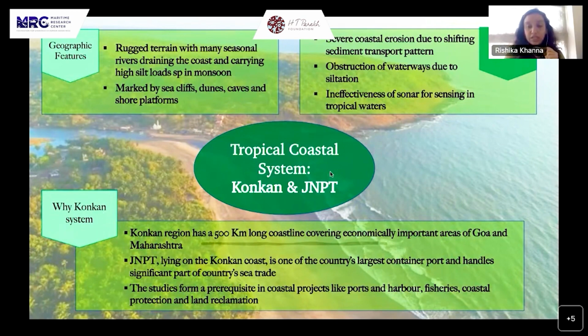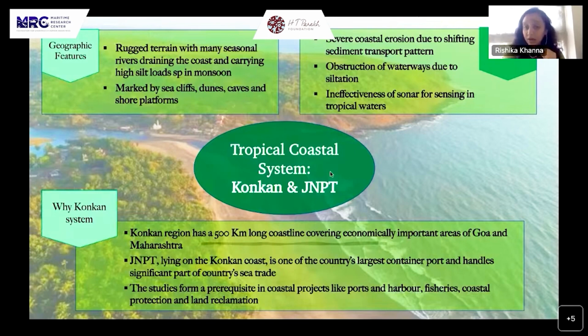Our case studies for coastal systems are the Konkan Coast and the JNPT port, which lies on it. So the geographical features are that they have rugged terrain with many seasonal rivers which drain the coast. So they carry high silt loads, especially in monsoon, and they are typically marked by sea cliffs, dunes, caves, and shore platforms, which are important sedimentological features.